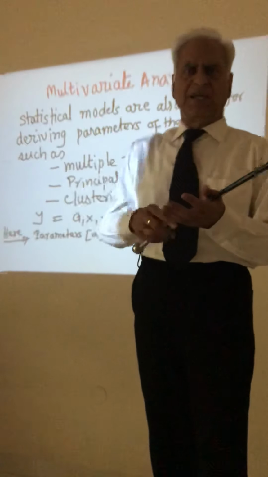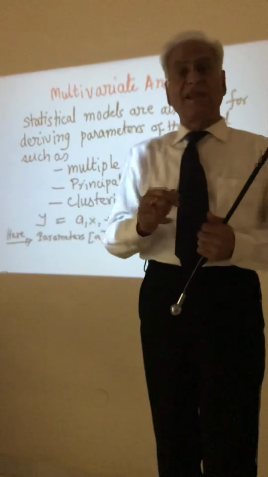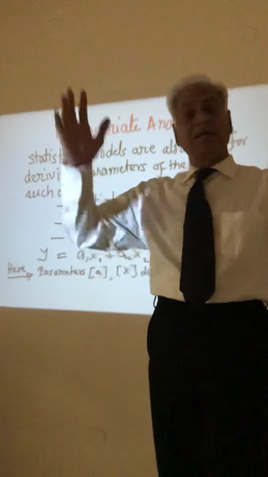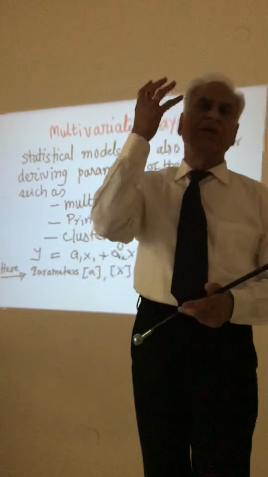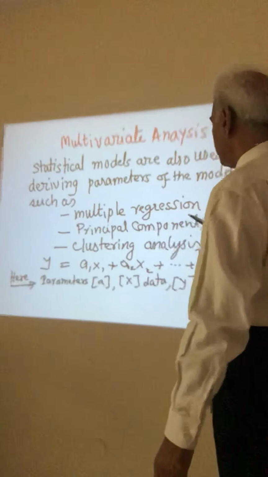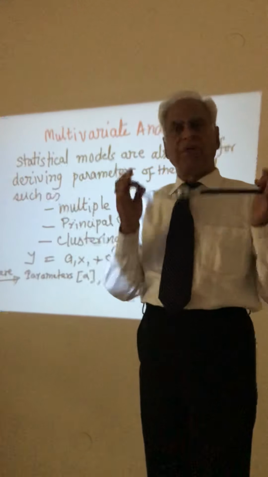Ablation means removal of the ice. So the question arises, what is the rate at which this ablation is taking place? Data is in millions, a very big data set, but you need only a few parameters. At that time, multiple regression, principal component analysis, and cluster analysis are very good.